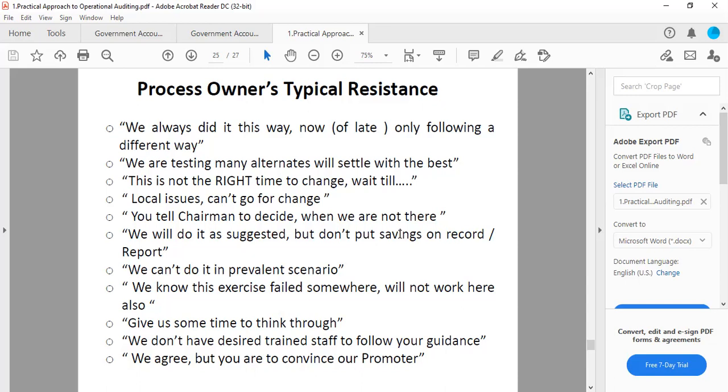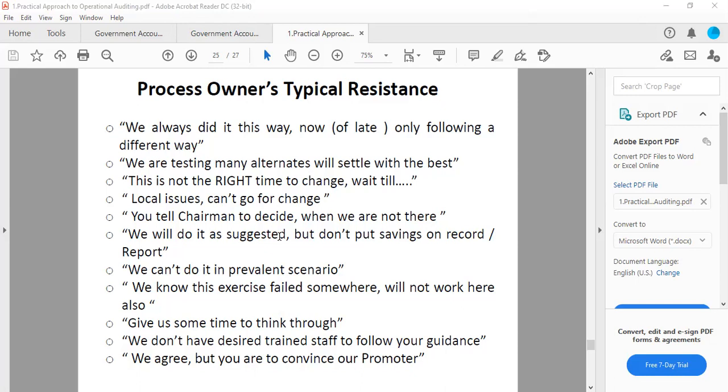So what is the point of this? In which we would be adjusting a lot more, or we would be dealing with the concerns of such where in fact we're already overwhelmed with the previous ones. Then another one is we're testing many alternatives and will settle with the best.